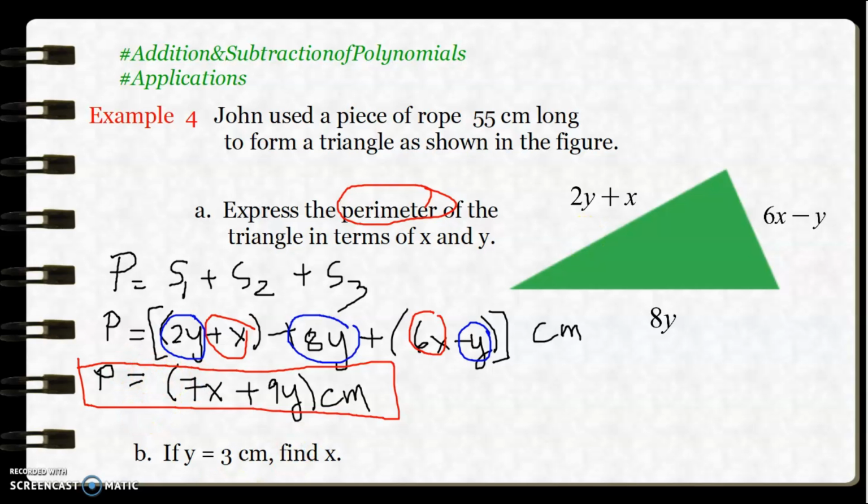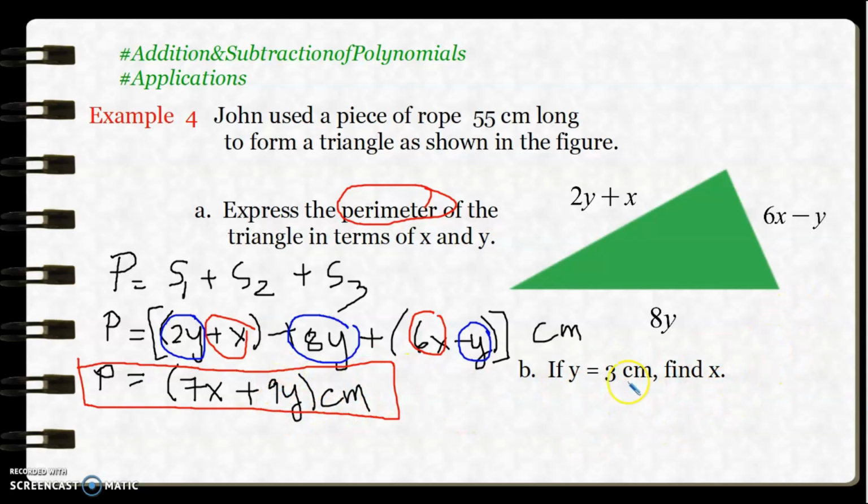Okay, so since we're done with the perimeter in terms of x and y, we now solve for the value of x given y equals 3 centimeters. So dito tayo babagsak, no? From P equals 7x plus 9y, we just leave x as is. The variable x will remain as is because we're going to solve for it.